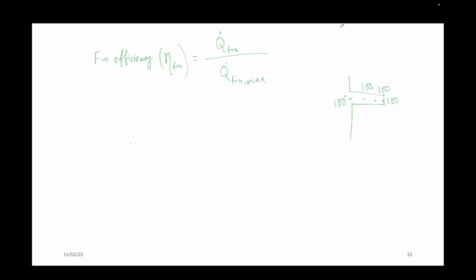And the previous case is our real life scenario. That means if it is at 100 degrees, this point is at say 90 degrees, this is at 80 degrees, this is at 70 degrees. So there is a temperature drop. So this condition is equivalent to the numerator and this condition is equivalent to the denominator. So is it clear?